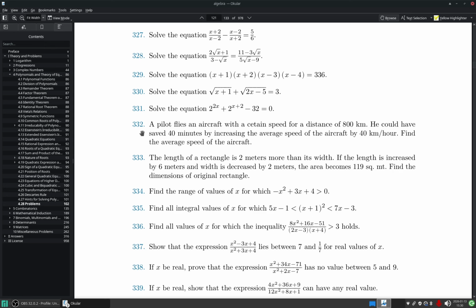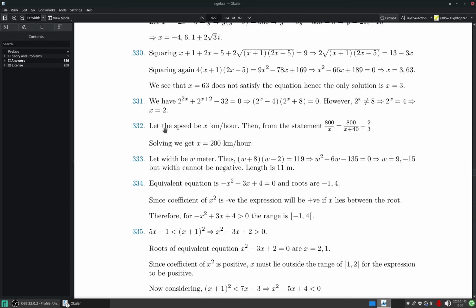Question 332 says that a pilot flies an aircraft with a certain speed for a distance of 800 kilometers. He could have saved 40 minutes by increasing the average speed of the aircraft by 40 km per hour. Find the average speed of the aircraft. So we let the speed be x kilometers per hour. From the statement, the time taken is 800 by x.